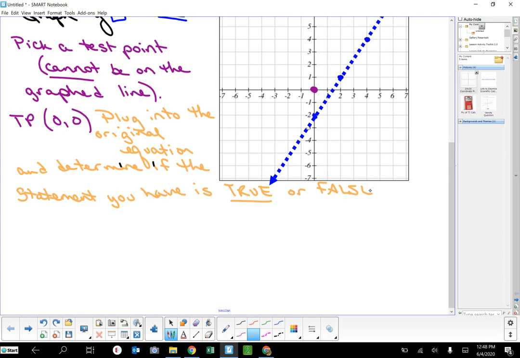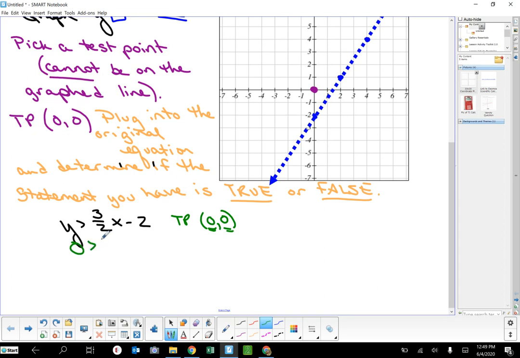So let's see an example of that, and then we'll talk about what to do if it's true or false. So we're going to take the original equation, which was y is greater than 3/2 x minus 2. We're going to use this test point of 0, 0. And we're going to let x be 0 and y be 0.